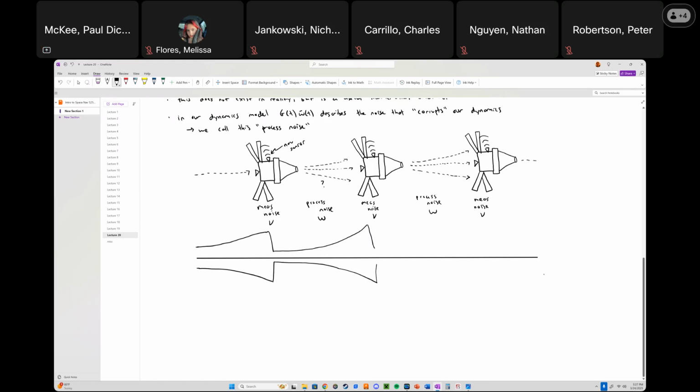Try to make this symmetrical as best I can. This is going to be a symmetrical graph, right? And then slowly over time, it kind of looks like the barrel of an old-timey blunderbuss from the 1800s. Slowly over time, your error bars are going to get worse and worse. And then you take a measurement and they come crashing down again. And so on and so forth, right? It just keeps going. This is a graph of your uncertainty.